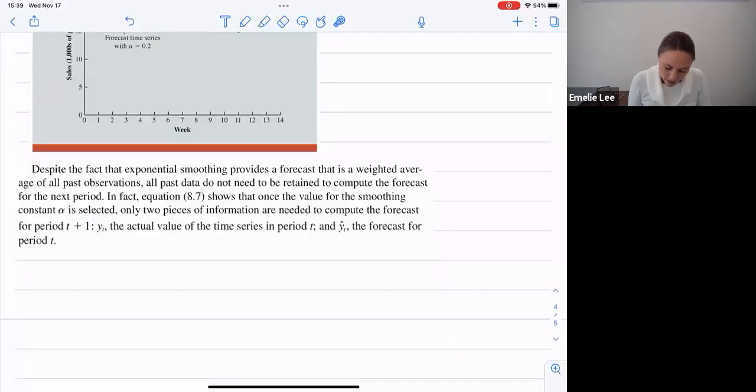And so all past data do not need to be retained to compute the forecast for the next period, right? We see that we only really need y hat t and yt, the actual value and the forecast.